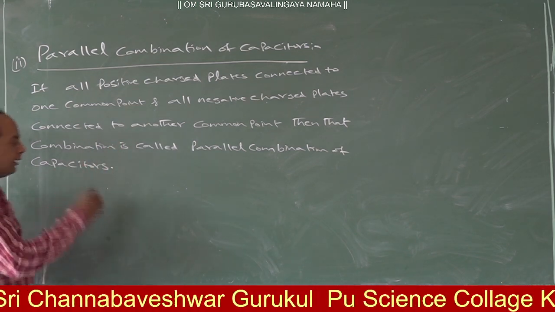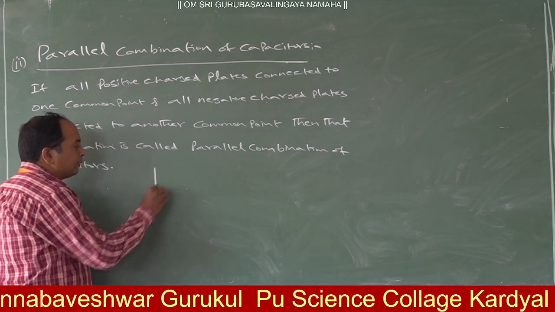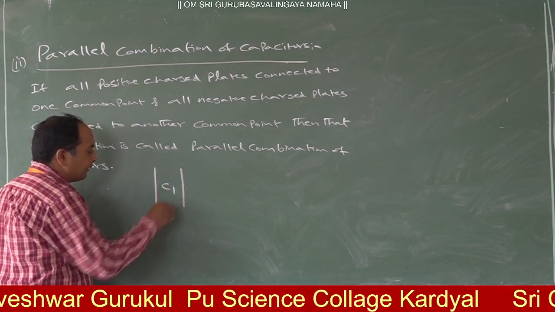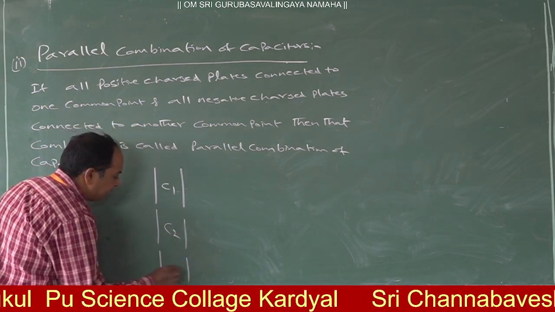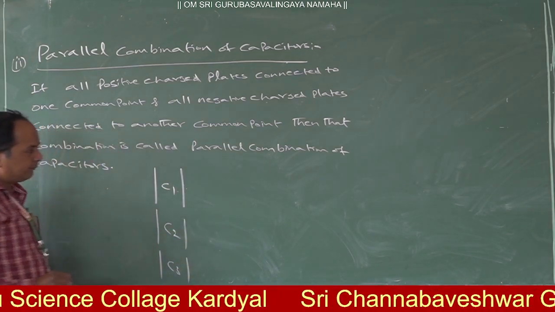Parallel combination. Now I am taking, suppose this is C1 and this is C2 and this is C3.